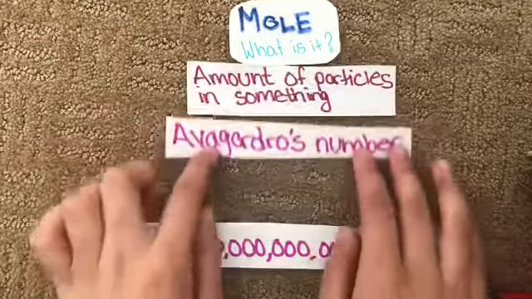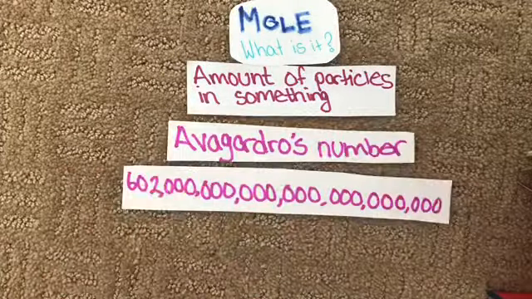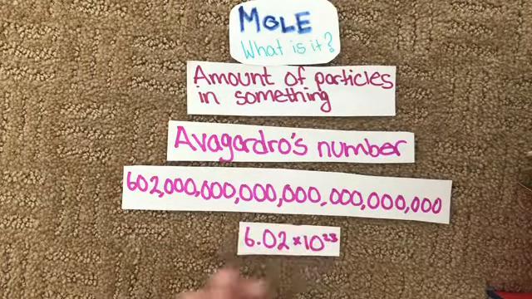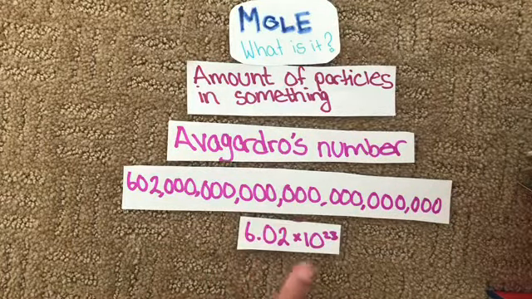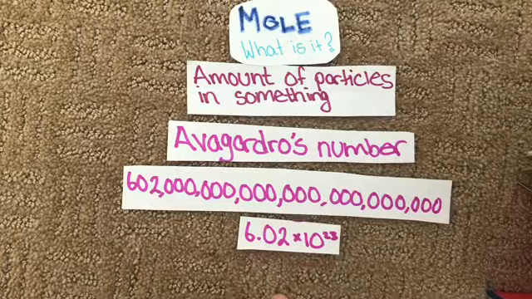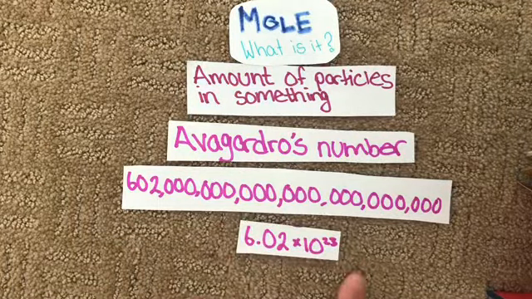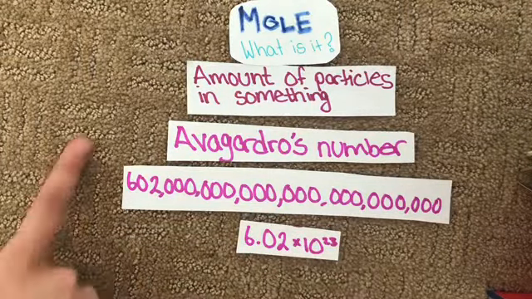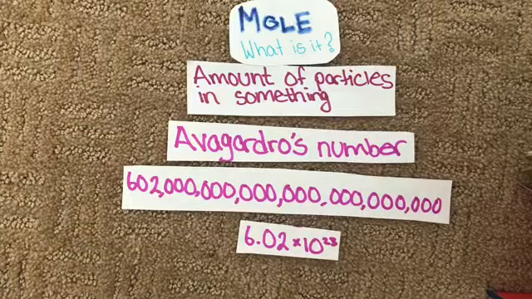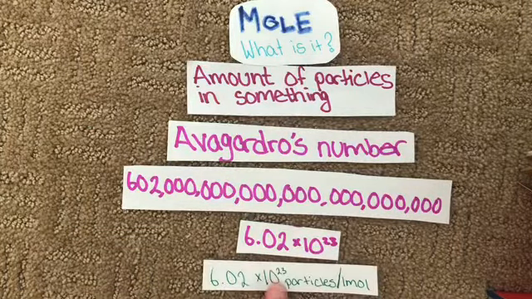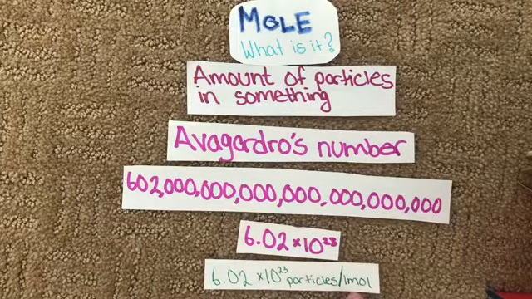So what we do to this number is we put it in scientific notation, just like we did with our last example, with 6.02 times 10 to the power of 23. So this number right here is put into scientific notation, and we'll be using this number going forward as Avogadro's number. It'll be 6.02 times 10 to the power of 23 particles per 1 mole.